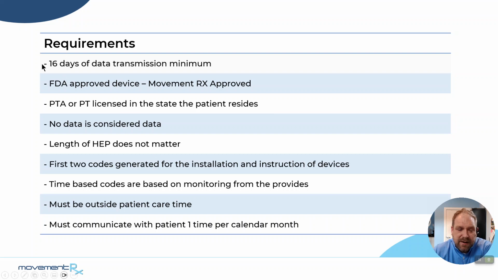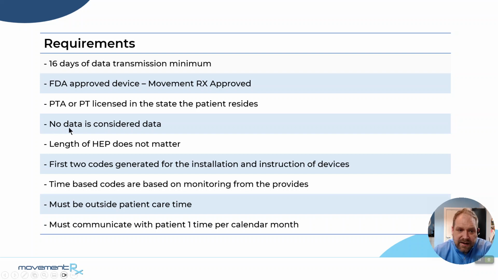Again, the requirement: 16 days of data transmission has to occur for that 98977 in a 30-day period of time. It has to be an FDA approved device. My device is. The person doing the monitoring has to do it outside of patient care time, and it has to be a physical therapy assistant or a physical therapist licensed in the state that the clinic's in.